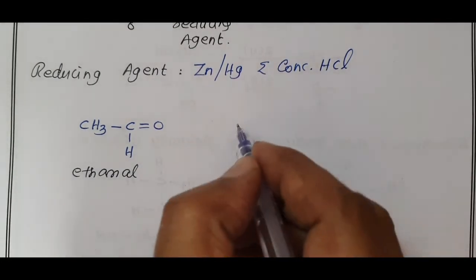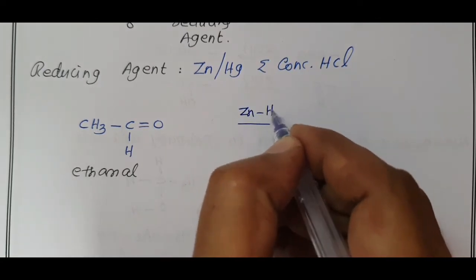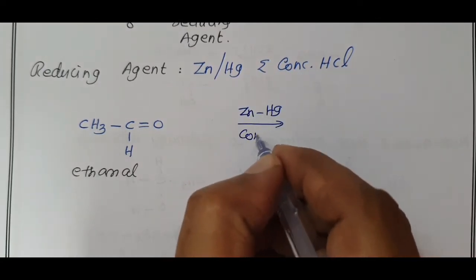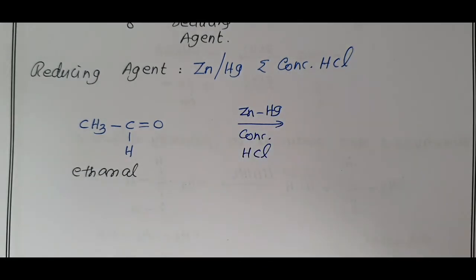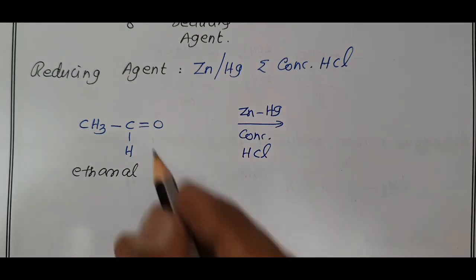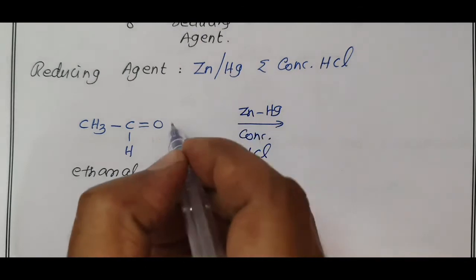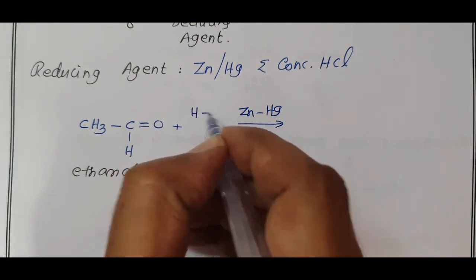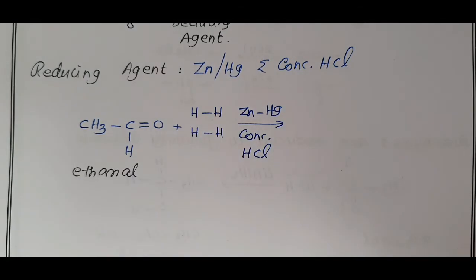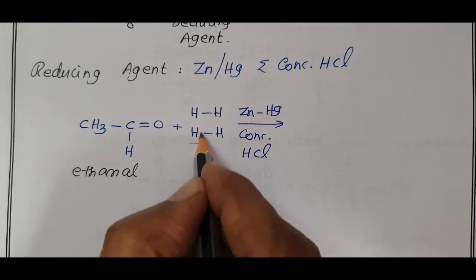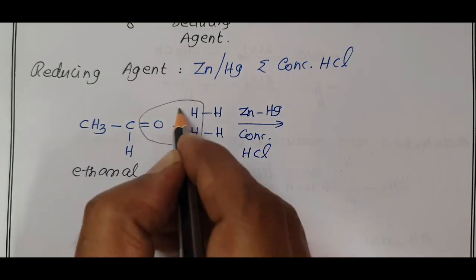When reduced in the presence of zinc amalgam in concentrated HCl, addition of hydrogen is called reduction. 2 H2 molecules are added, 1 H2 molecule, another H2 molecule. So, 1 H plus, another H plus, and O2 minus is removed as H2O.